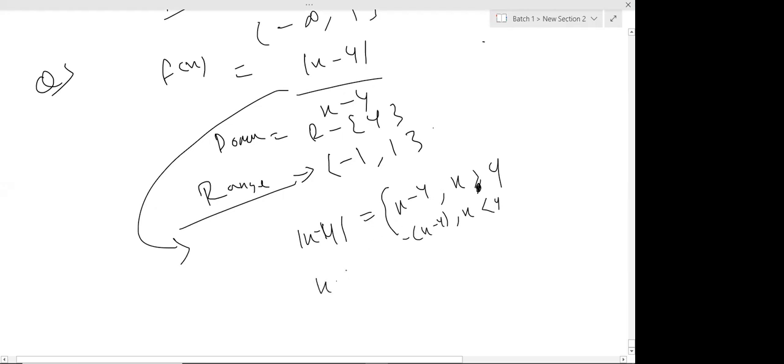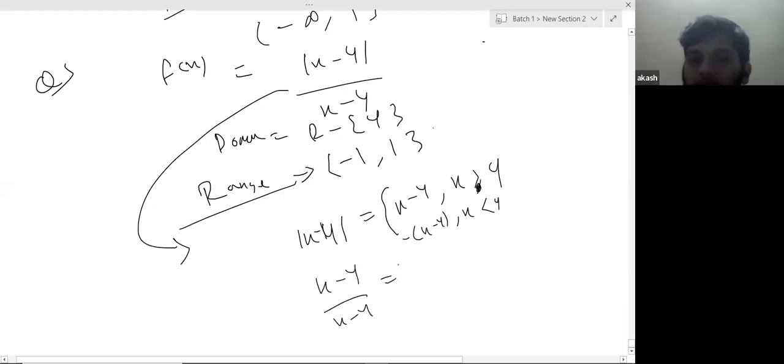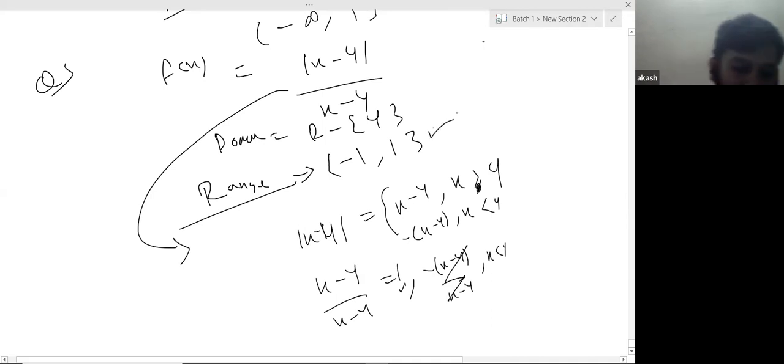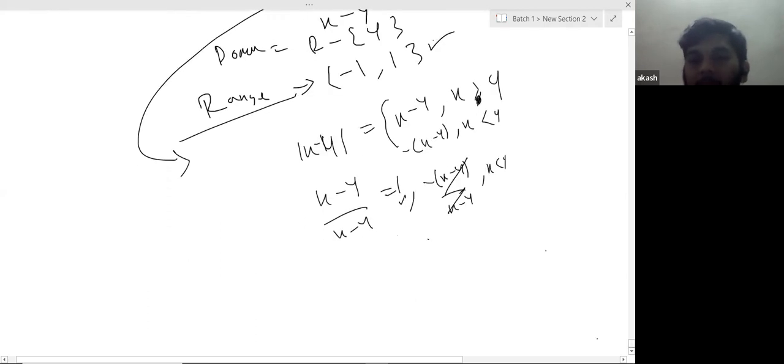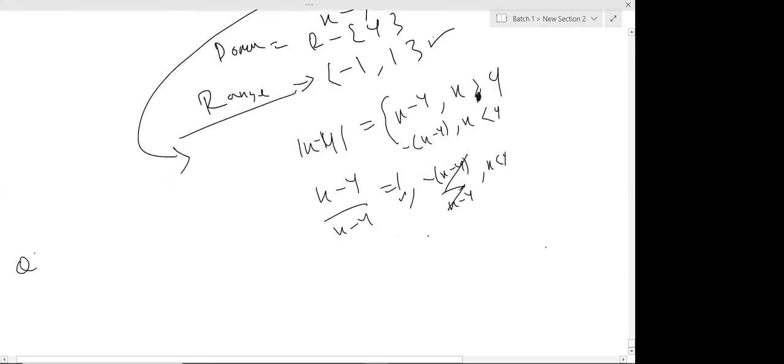So replace this: x minus 4 upon x minus 4 is 1 when x is positive, and minus x minus 4 upon x minus 4 when x is less than 4. Either this will be 1 or minus 1. This is the range. Clear? Irfan, Shabya, Ashma. Yes, sir.